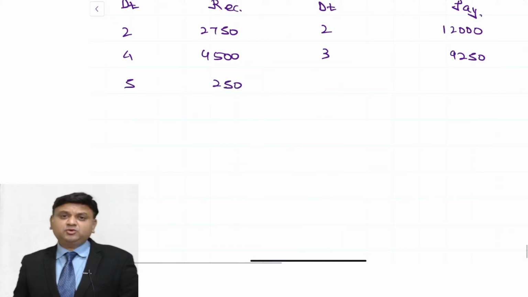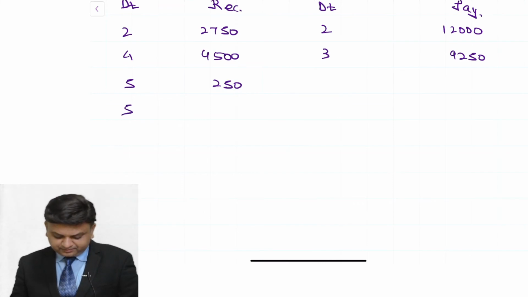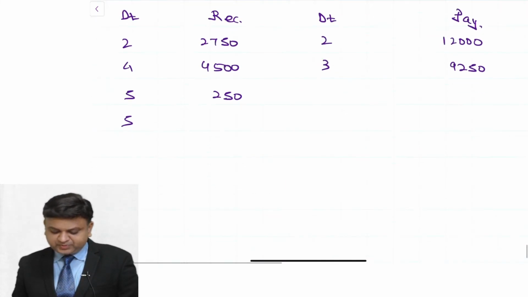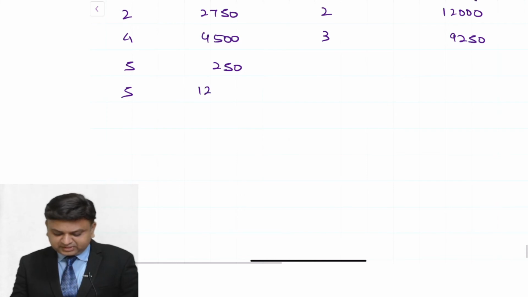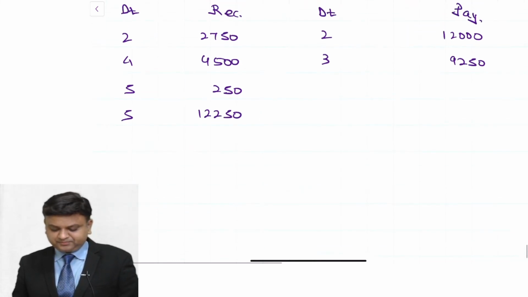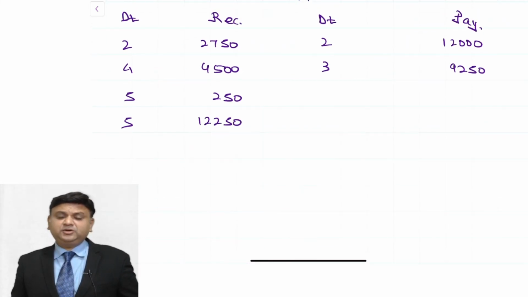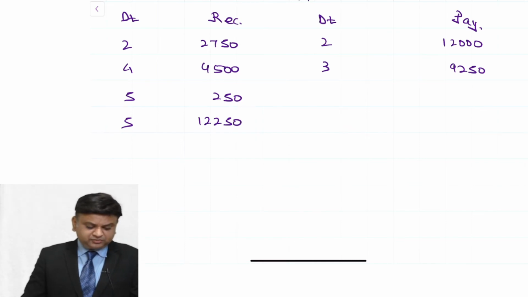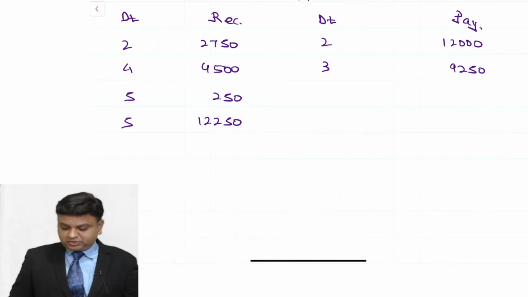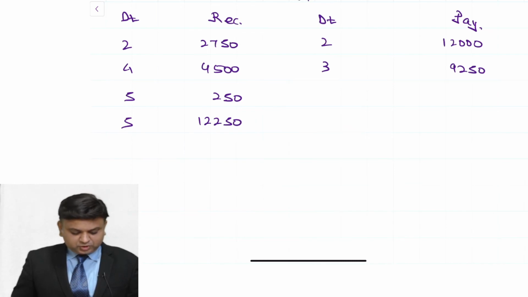And suppose at the closing price of the 5th, you square off the transaction. Why? Because you are expecting that now the price will further increase and you will incur a loss. You already have entered into the transaction for sale. So if the price increases, you will incur a loss. So the payment is 12,000 plus 9250.